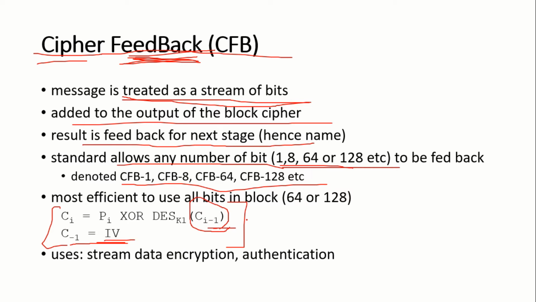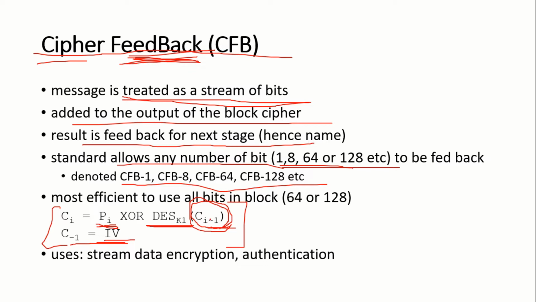So how does it encrypt the plain text block? We have to see it from here. First of all, the previous cipher block will be encrypted using key K1, and the result will be XORed with the plain text block.